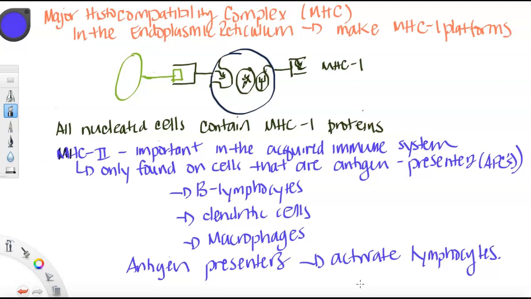And again, those are antigen presenters. They present antigens to lymphocytes to activate them. That will make more sense when we start talking about the adaptive immune system. But you need to understand this concept of MHC1 and MHC2 histocompatibility complexes.